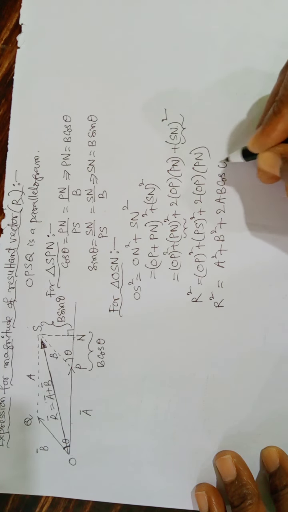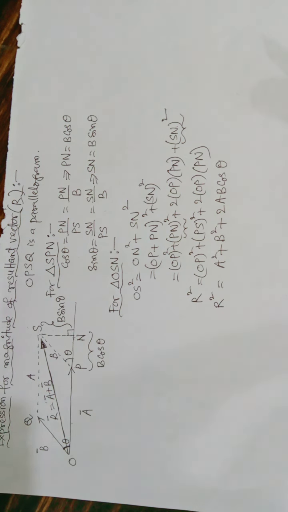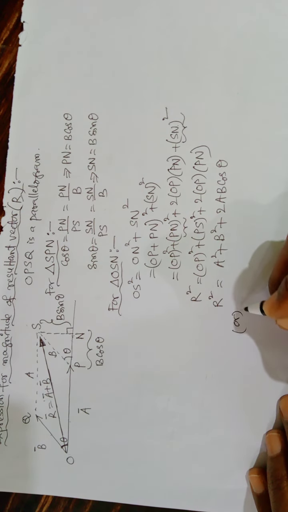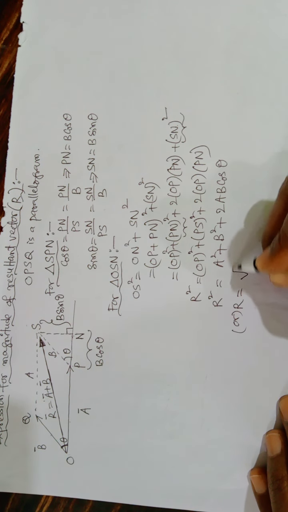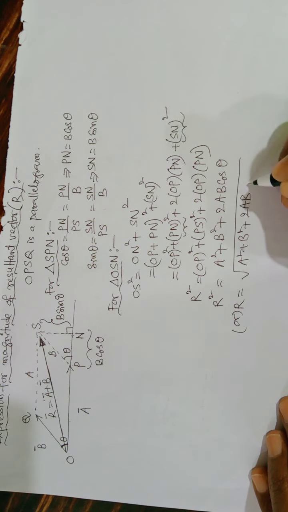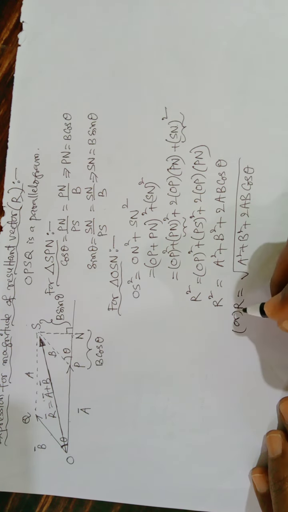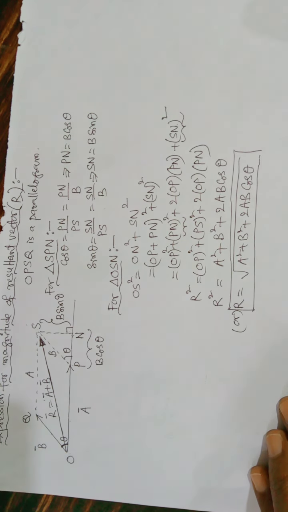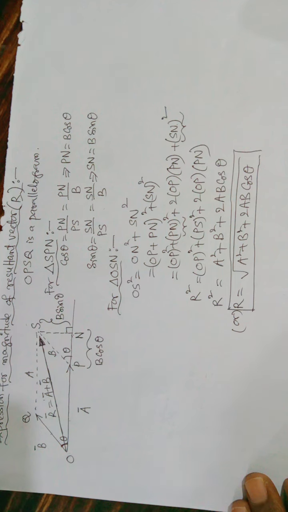So R is equal to under root A square plus B square plus 2AB cos theta. In this way we derived the expression for the magnitude of the resultant vector.